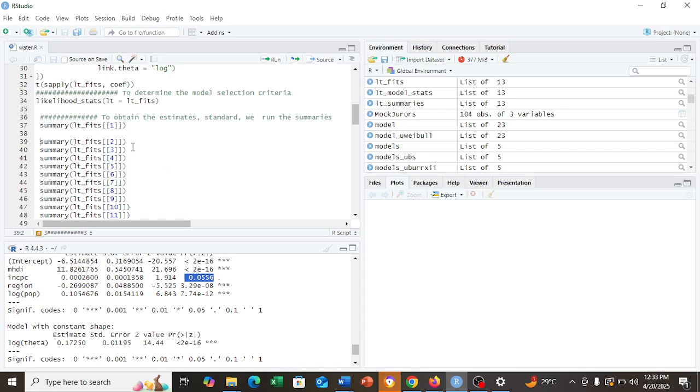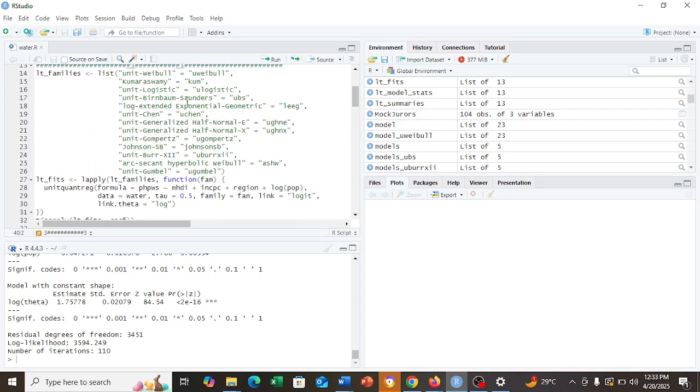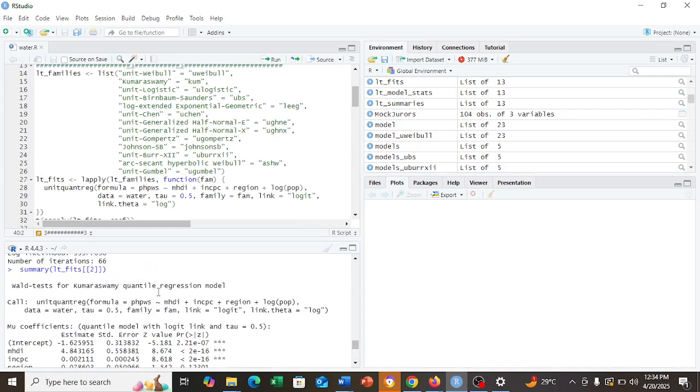So if I go and do this, then I'll get the second distribution, which is the Kumaraswamy distribution. So if I go up here, you see that I have my summary for Kumaraswamy. Also, you have the estimates. The estimates are here. These are the standard errors.